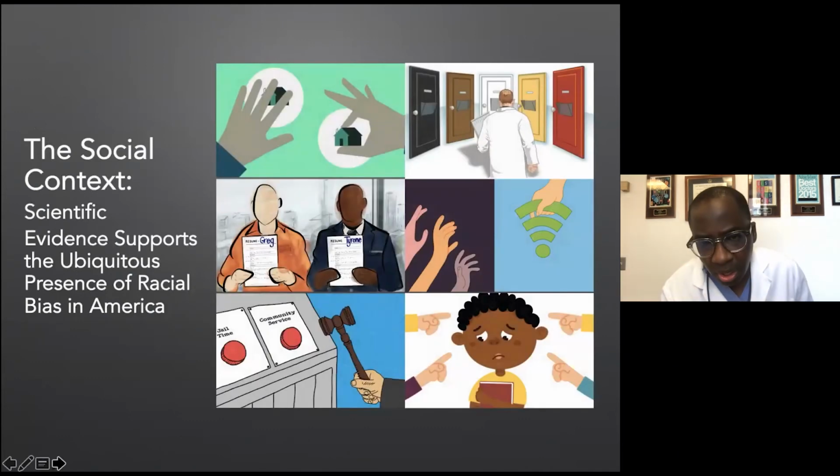And so the social context is also very important because, as I mentioned earlier, racial bias in this country is ubiquitous. We've seen it in the housing sector, in the employment sector, the justice system, in our schools. It's even in the technology sector, and tragically, it's also in the healthcare sector.